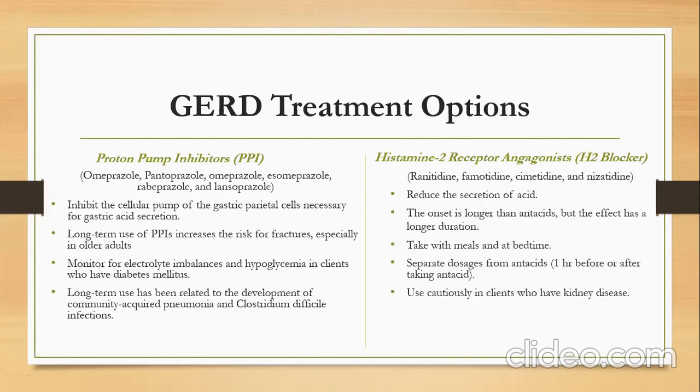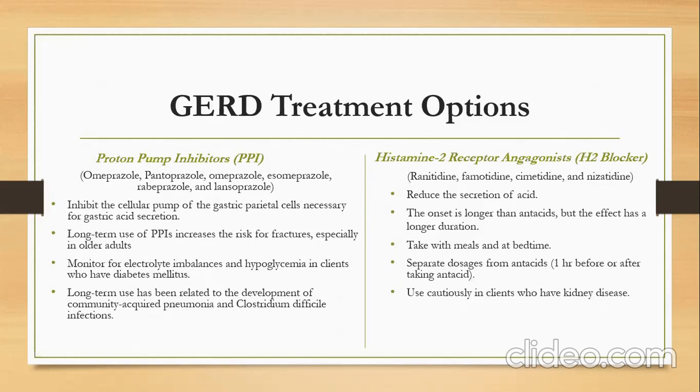While the onset of these drugs is longer than antacids, which we'll talk about next, the effect has a longer duration. However, PPIs last even longer. PPIs are usually only taken once per day. H2 blockers are usually taken twice per day in separate doses.